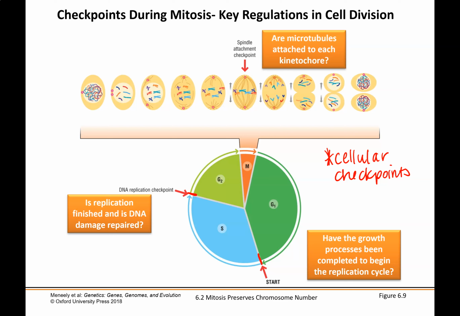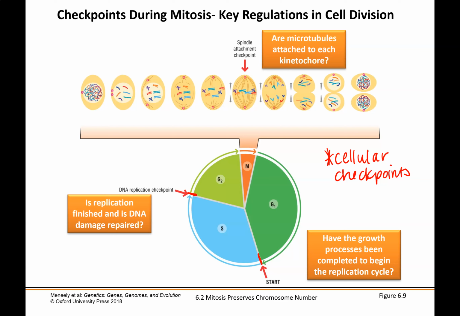If you have any double strand breaks, if you've broken any pieces of chromosome, those are going to be repaired. They're going to be reattached where they need to go. Then if your DNA is all ready to go, replication and repair has been completed, we are going to move into G2 and begin the process of mitosis.